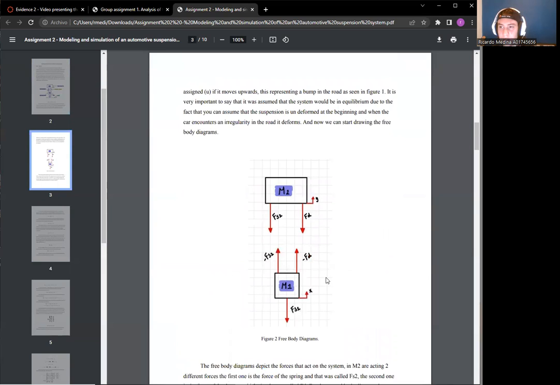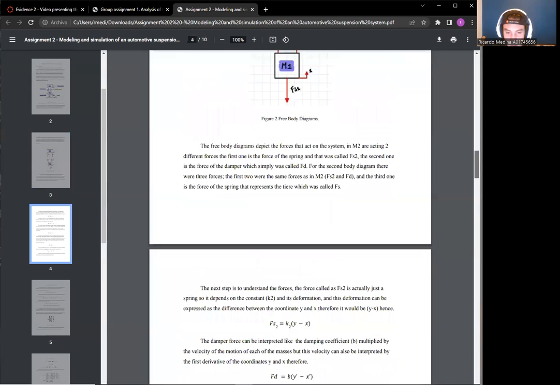Then we can start building our state space model. First, we have to draw the free body diagrams of the components that move. So it's the two masses, and as you can see, there are two forces on M2 and three forces on M1: the springs, the damper, and the other spring.